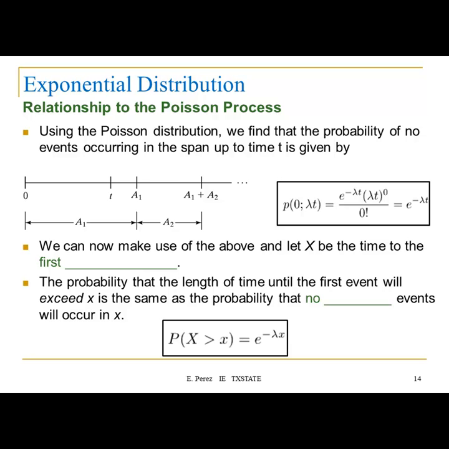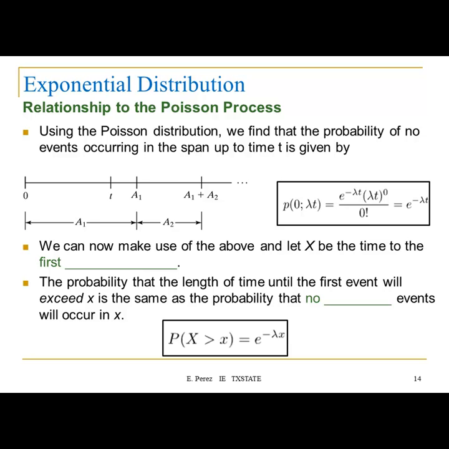So using the Poisson distribution, we find that the probability of no events occurring in the span up to time t is given by this. So if you want to find the probability of having no events or no arrivals, then you just put x equals 0.